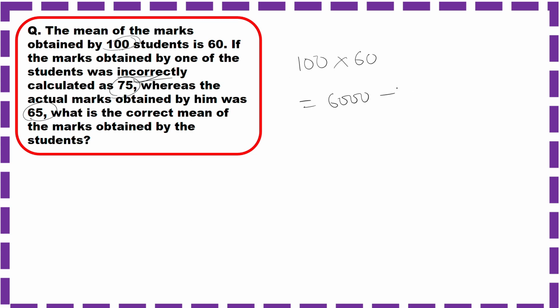So subtract 75 from this, and what must be in? 65 must be in. So just add 65. There won't be any change in the total number of students, right? No one is going out and no one is coming in, so 100 stays 100. So calculate this, you will get 59.9 as the mean marks obtained by the students. This is the current average.